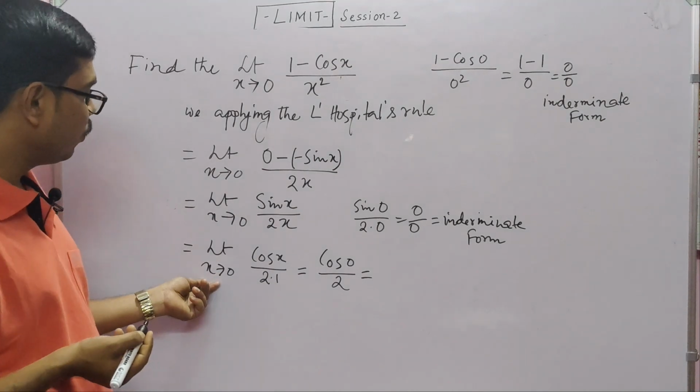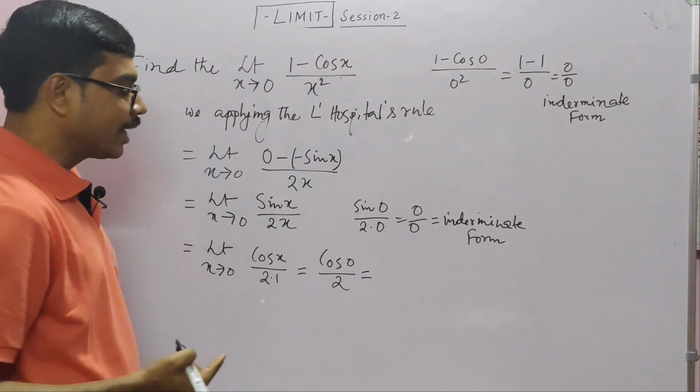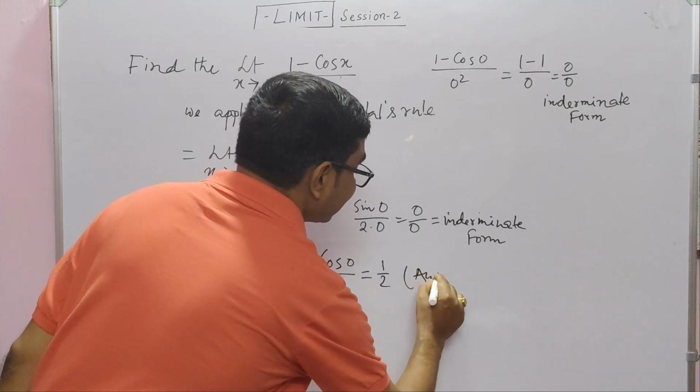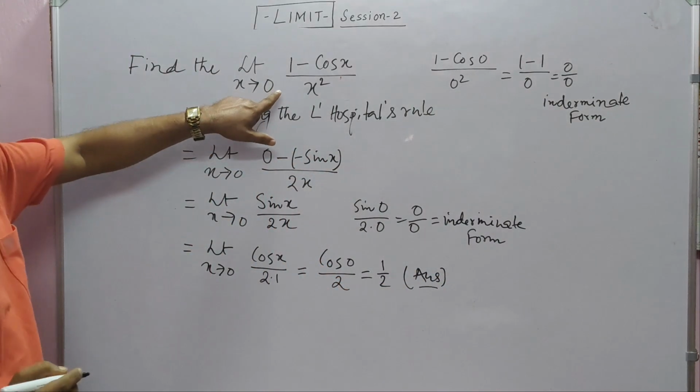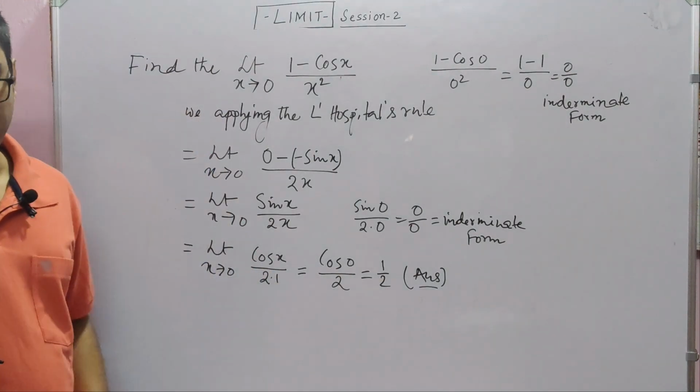Now put the value of x, that is cos 0 by 2, cos 0 equal to 1, so 1 by 2. This is the result of the limit of 1 minus cos x by x square, equal to half.